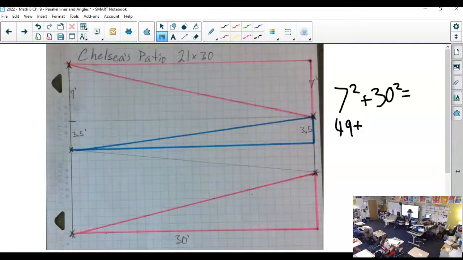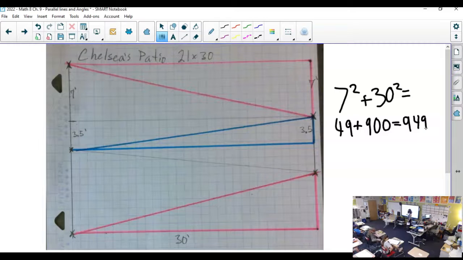So that equals 949. And then what's the square root of 949?